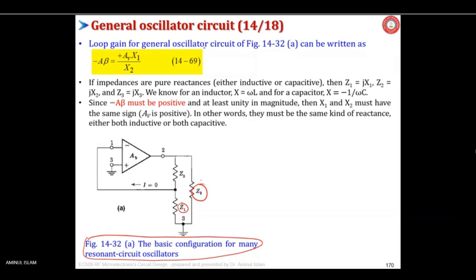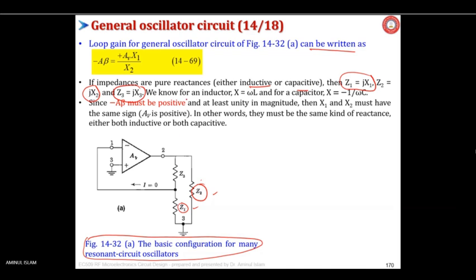So the loop gain for the general oscillator circuit can be written as minus AB equals plus AB into X1 by X2. This is X1, this is X2. If impedances are pure reactances, either inductive or capacitive, then Z1 equals jX1, Z2 equals jX2, and Z3 equals jX3. There is no resistance, only reactance.